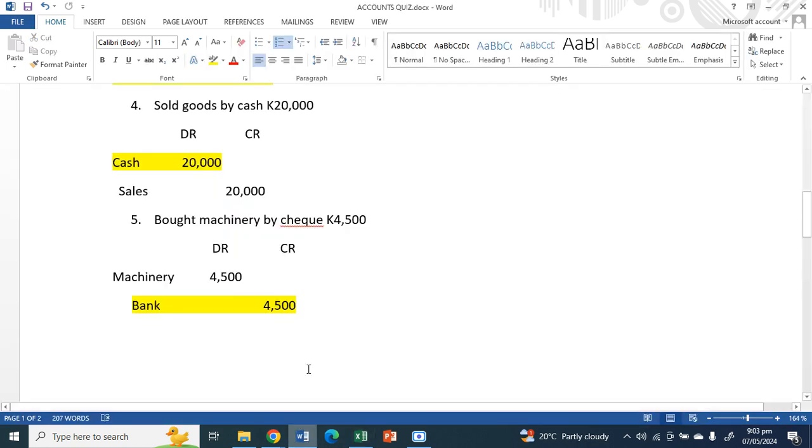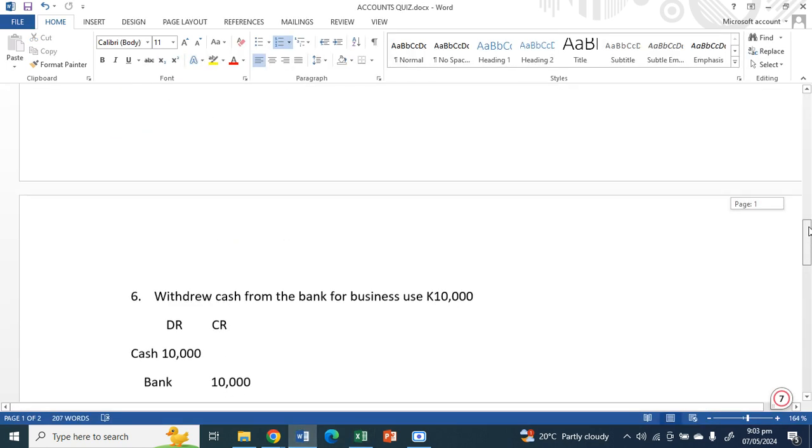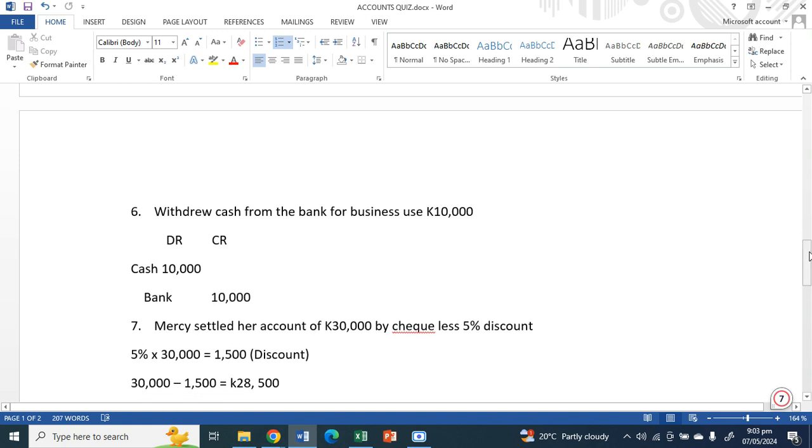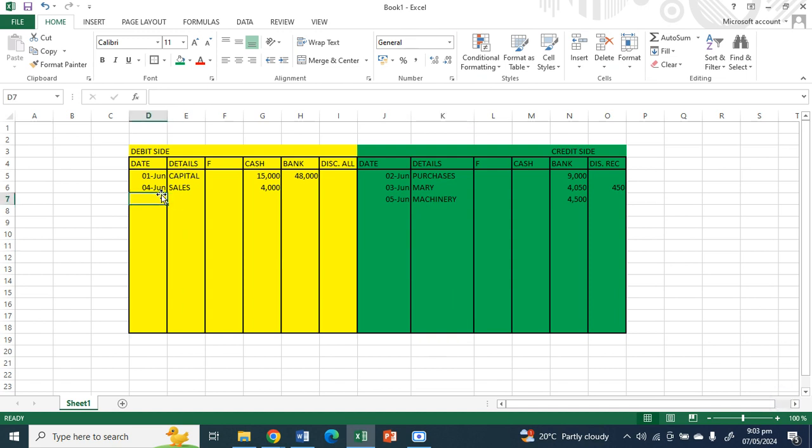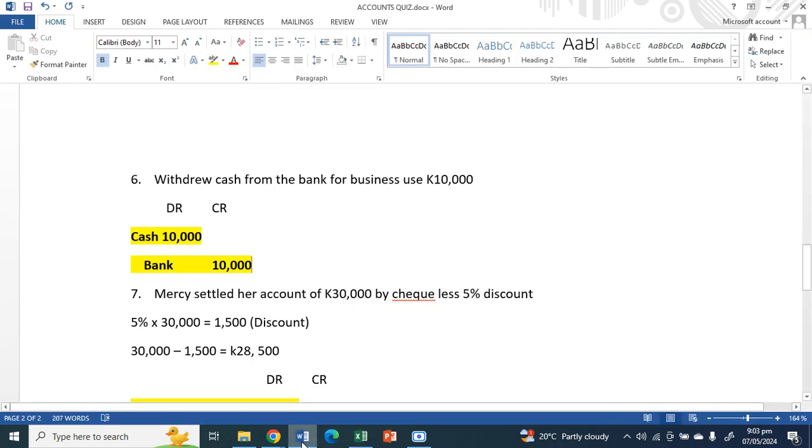Okay, then our next transaction, 6th June, we're debiting cash and crediting bank. So 6th June. Debiting bank. So here on folio, we put a C for contra entry. We're debiting cash 10,000.